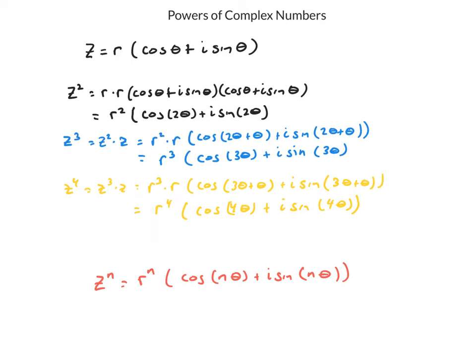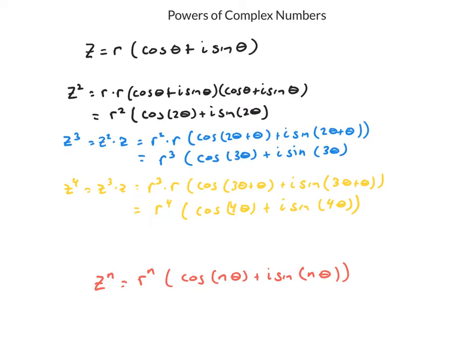So what happens on this one, and we want to keep in mind how we find the product of two complex numbers. In this case, z squared is going to be z times itself. So I'm going to get r times the cosine of theta plus i sine of theta times the cosine of theta plus i sine of theta.